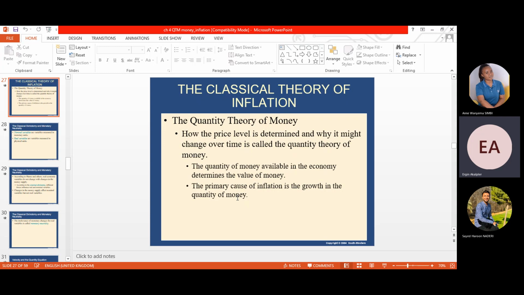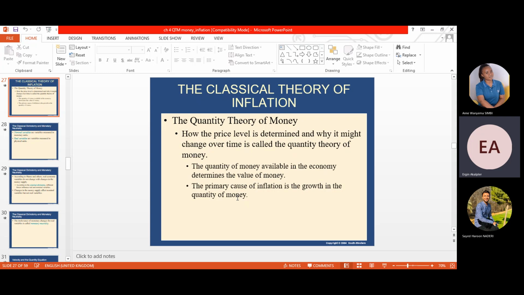Therefore, when we evaluate and introduce this quantity theory of money, we are also representing the production. As much as the production is enlarged, as you understand from this equation, the price and the quantity, which at the end of the year will give the GDP, so-called the output, will also represent the amount of money in circulation.